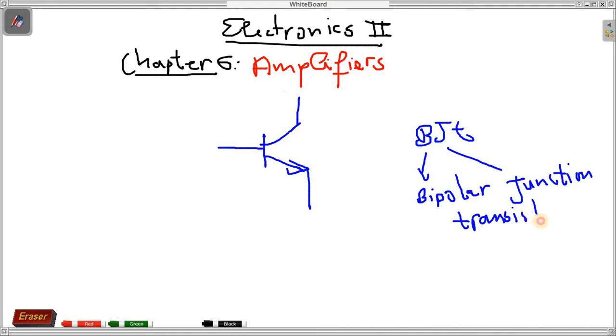We learned about that transistor in Electronics 1, specifically in chapter 4 and chapter 5.